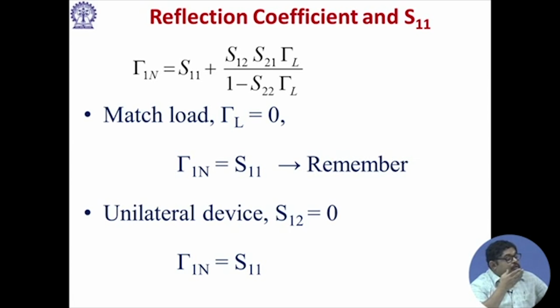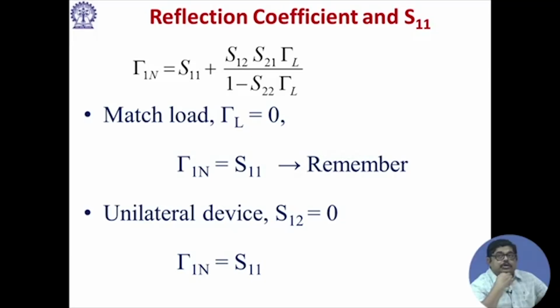When the load is a match load, then gamma L will be 0, and you will get gamma in is nothing but S11. We have discussed in scattering parameters also that generally the reflection coefficient at the input port is not equal to S11, but under second port matched you get this.